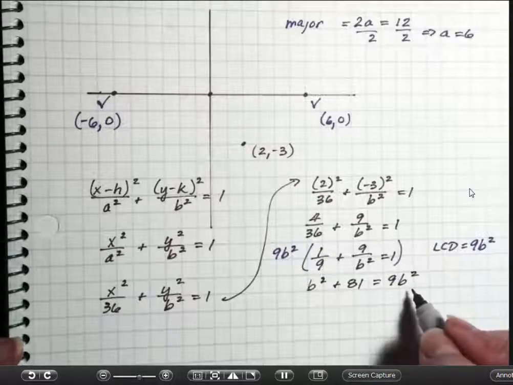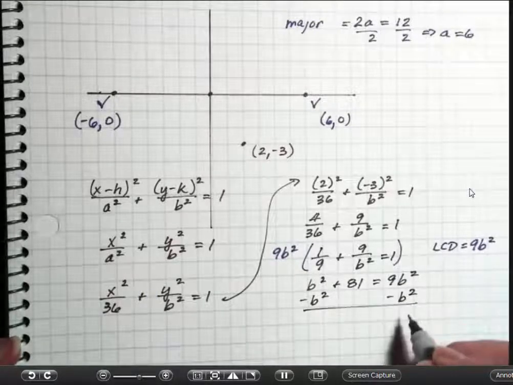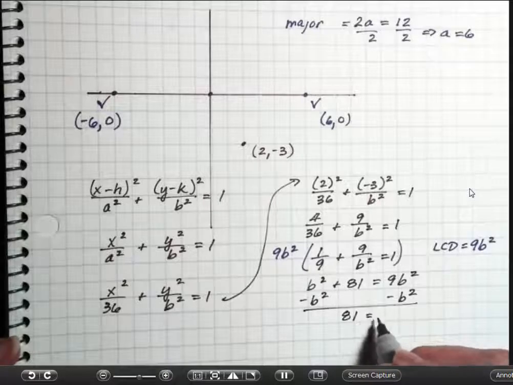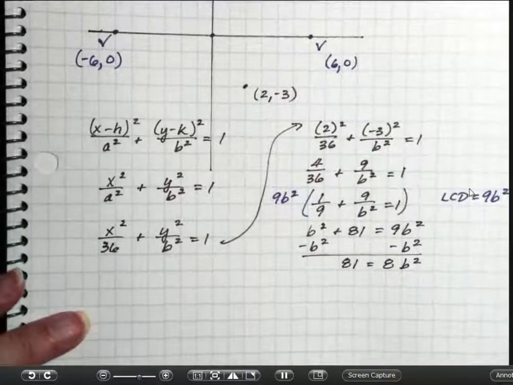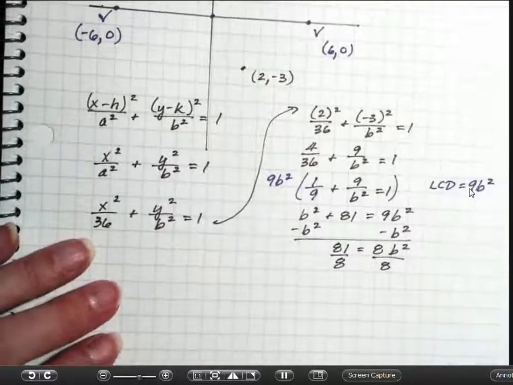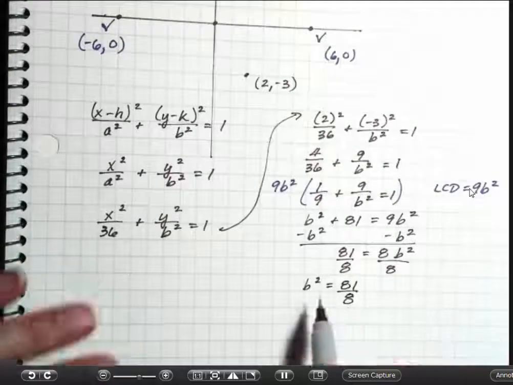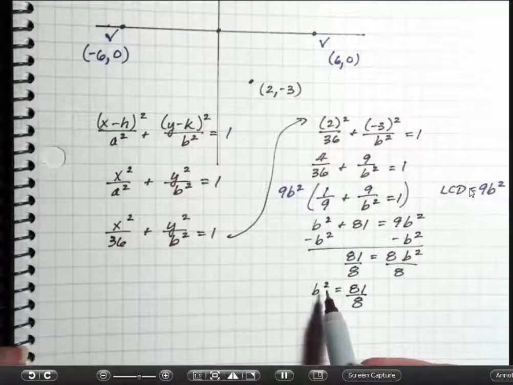I need to get my b squareds together, so I'm going to subtract b squared from both sides. And I end up with 81 equals 8b squared. And then I'm going to divide both sides by 8, and I know that now b squared is going to be equal to 81/8. I don't need to solve for b. All I was asked to do was find the standard form of the equation. So it doesn't matter what b is.